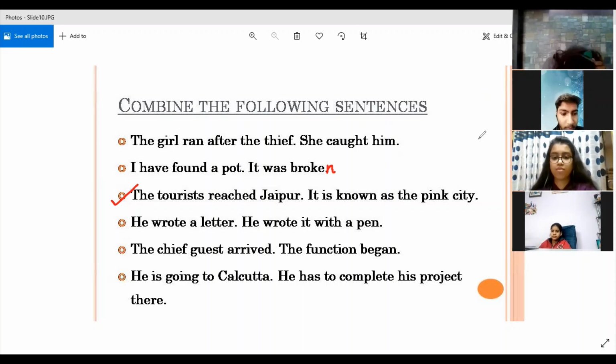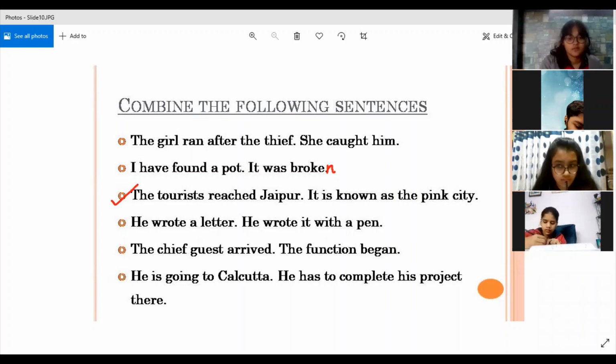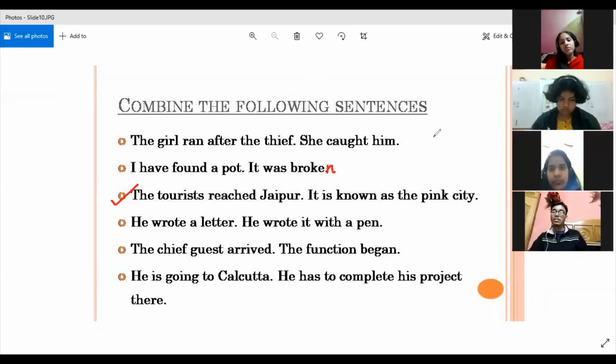Aradhya? Yes, ma'am. Beginning the function, the chief guest arrived. No. Siddhi? The function began when the chief guest arrived. See, the two subjects are different.